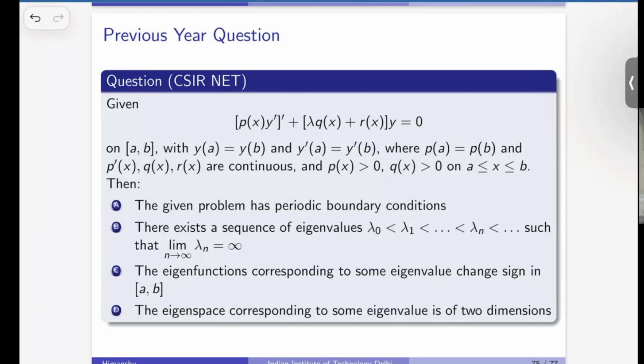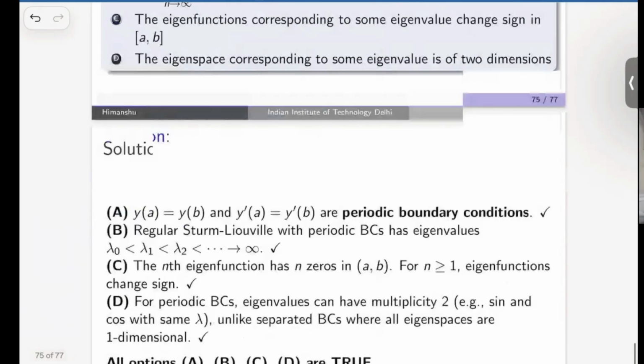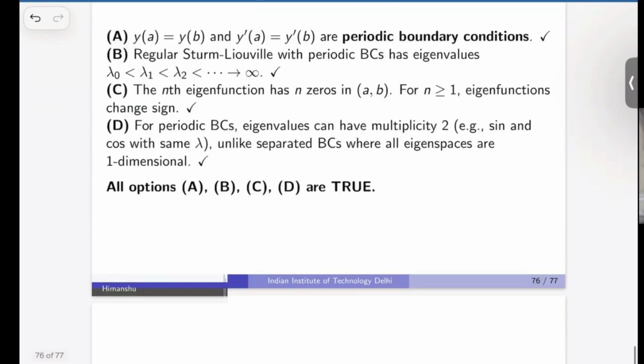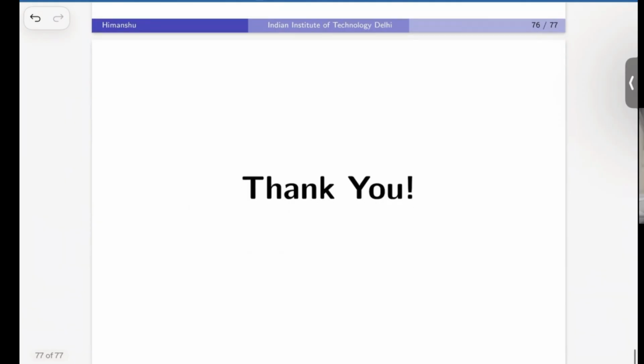And the eigenspace corresponding to some eigenvalues is of dimension 2, right? This is also true, other than the least eigenvalue. So this is what we have done here. Is this question clear? So this is it from my side.